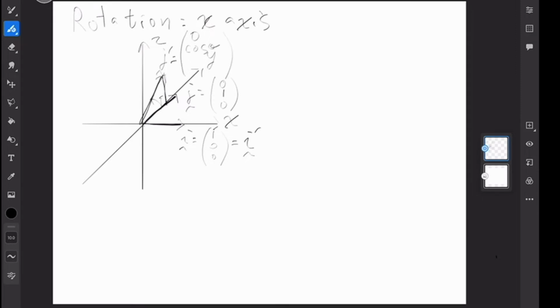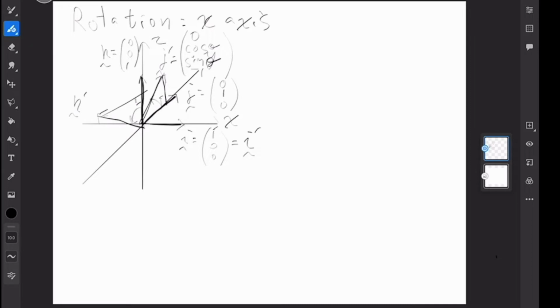In the z-axis, it's sine theta. And then if we look at the z-axis, we have the elementary vector k, and that will rotate back around this way.